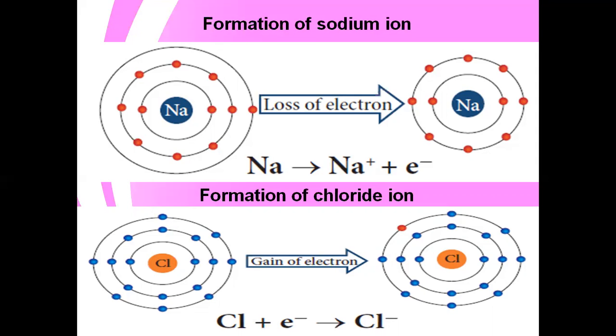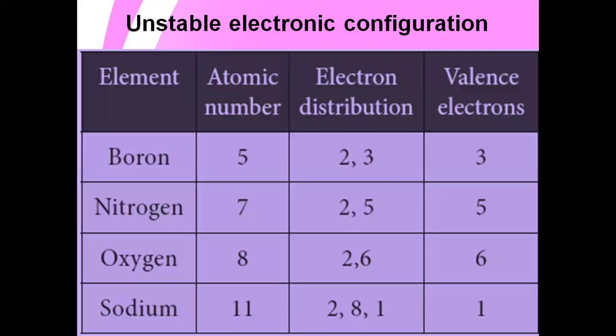So the sodium ion loses an electron and the chloride ion gains an electron. This is the electronic configuration of sodium and chloride. Now the unstable electronic configurations of elements other than the noble gases: Boron, valence electrons 3.